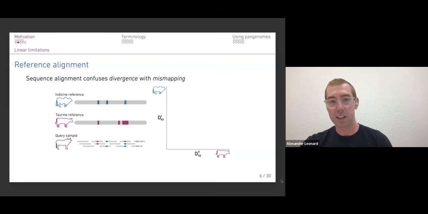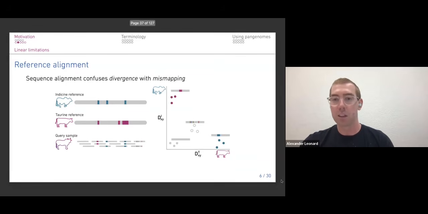If we have a read aligned to the indicine reference and the taurine reference, but we come from some sort of admixed sample, some reads will map equally well to both reference genomes, no problem here. Some reads contain variation basically not found in either reference genome, so they map equally well. The real problem is if you're mapping a read that contains, say, an indicine-specific insertion to the taurine reference, it will not map well. It might not map at all.